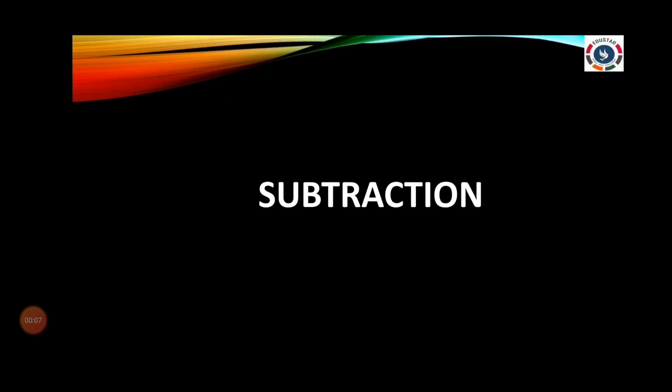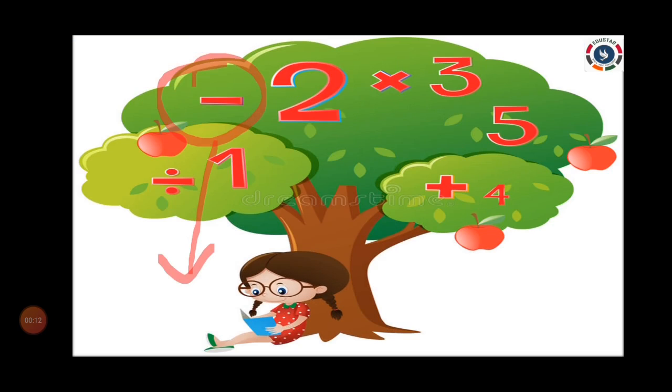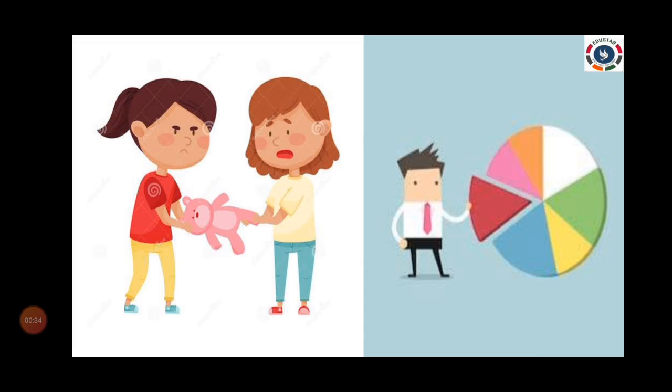Next, we are going to revise once again subtraction. What is the symbol of subtraction? That is minus. Subtraction means taking away. When we take something away from the total amount, it decreases.